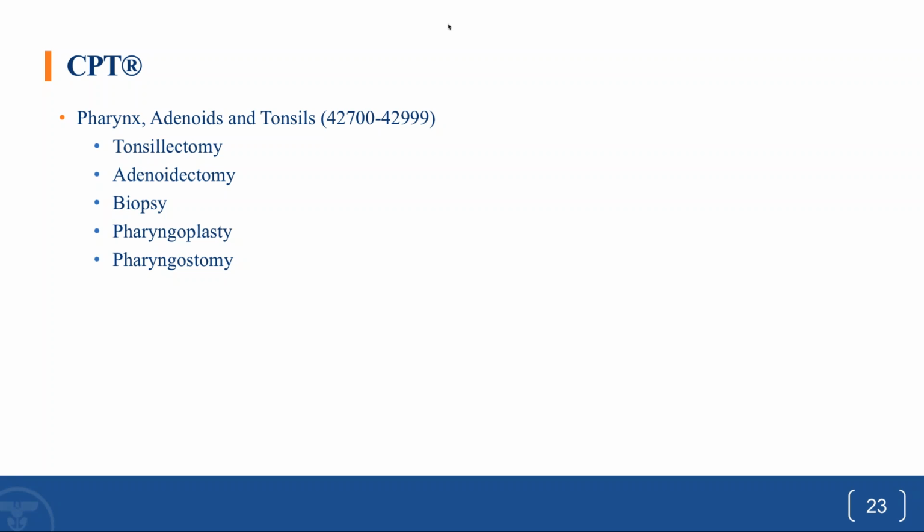Okay. So tonsillectomy, let's do a few drills while you have your book here. So tonsillectomy, you can go to your index, right? Tonsillectomy.